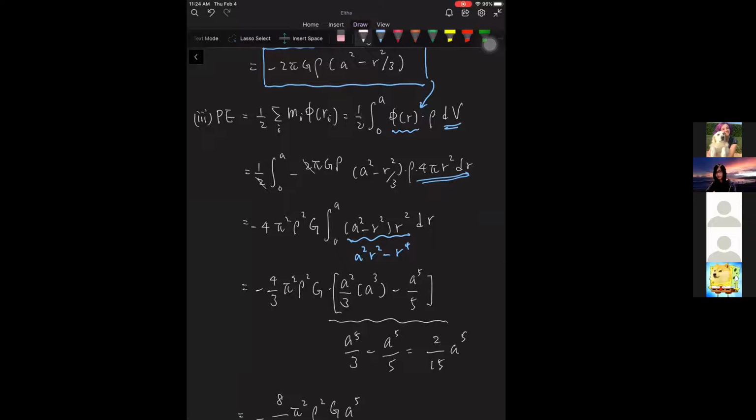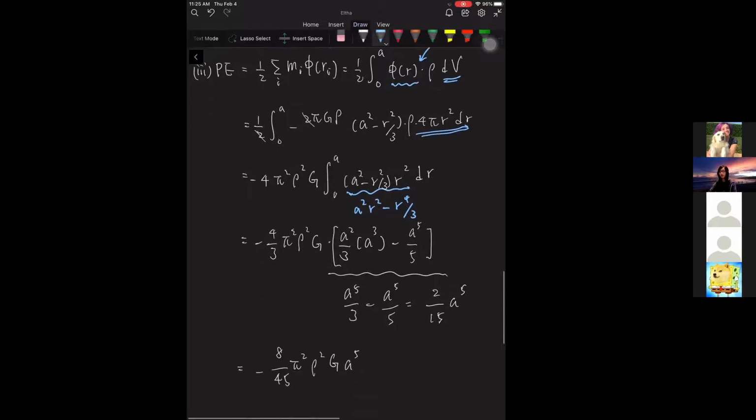Negative 4. And again, this gives us a square r square minus 3 r to the 4th over 3, right? R to the 4th over 3.